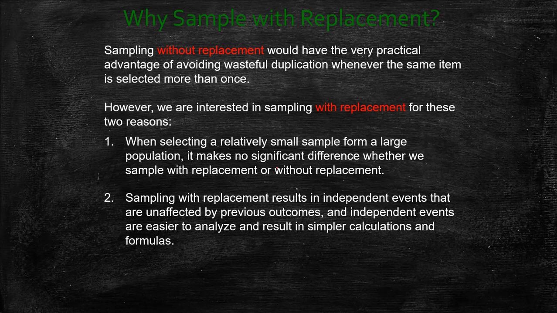The second thing is, and this is it, we want these ideas of independent events. So it's easier to analyze things, and a lot of the calculations that we're going to do in the next few weeks require independent events. That means one sample doesn't really have any effect on the other sample. So we always put back the sample to pick up another sample.